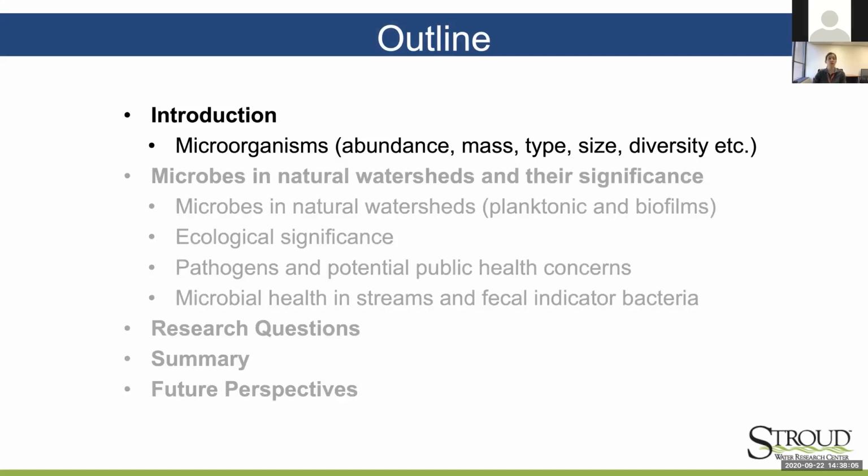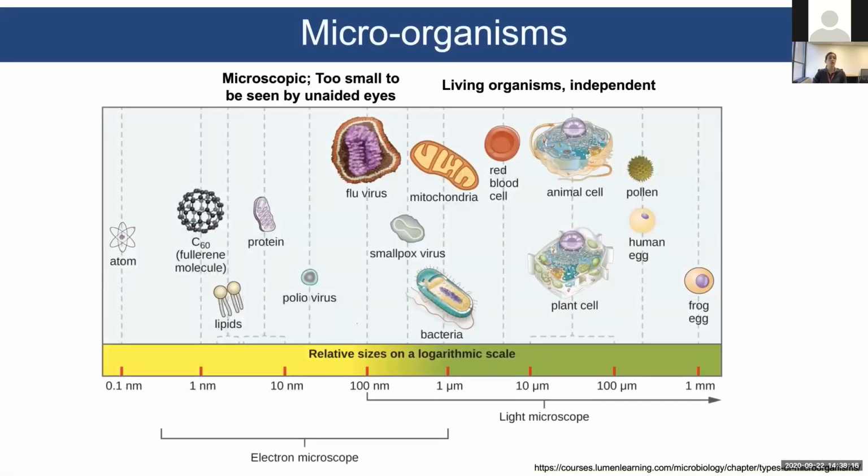So I'll start off with discussing some of the aspects of microorganisms, including abundance, mass, different types and sizes. So if we think about the word microorganism, this really illustrates the size of the organisms. So mainly we're talking about single-celled prokaryotic, so bacteria and archaea cells, and sometimes we include multicellular and eukaryotic organisms, but overall they're extremely small and too small to be seen unaided in general.